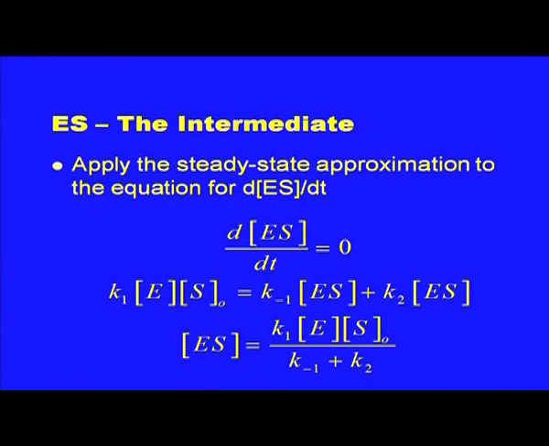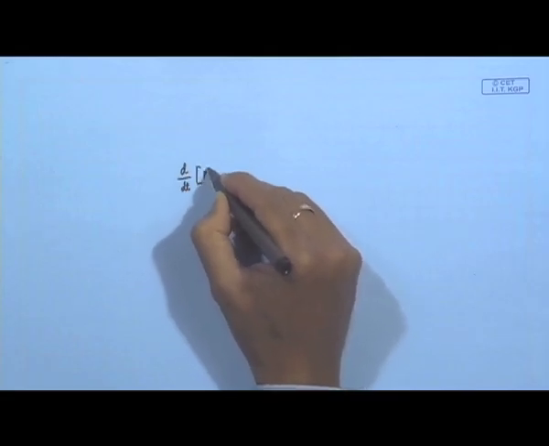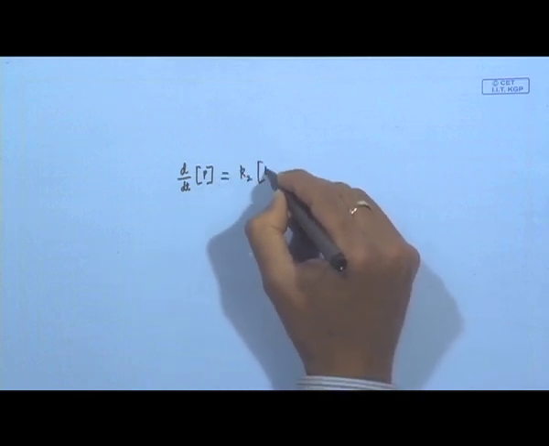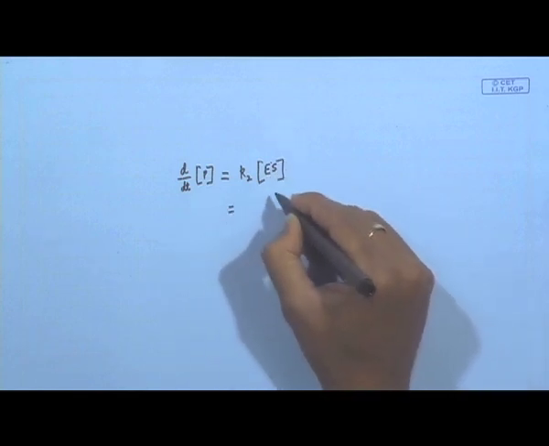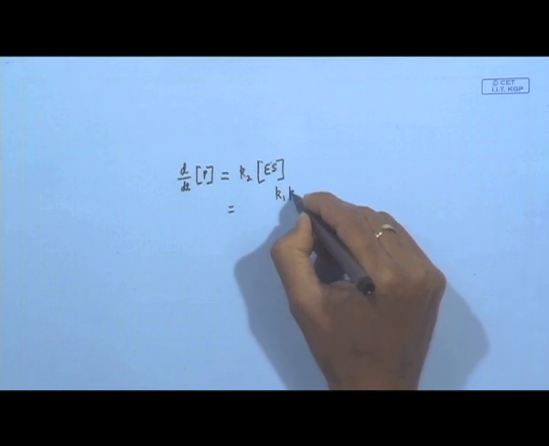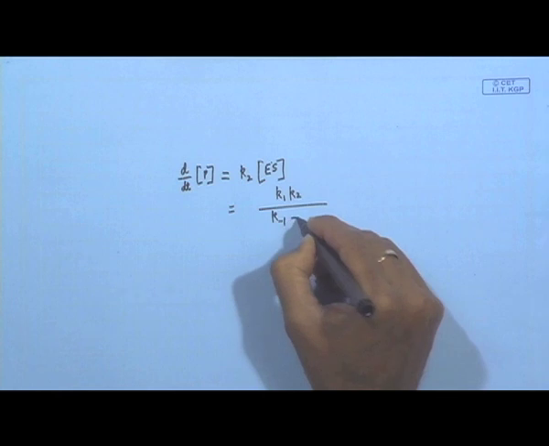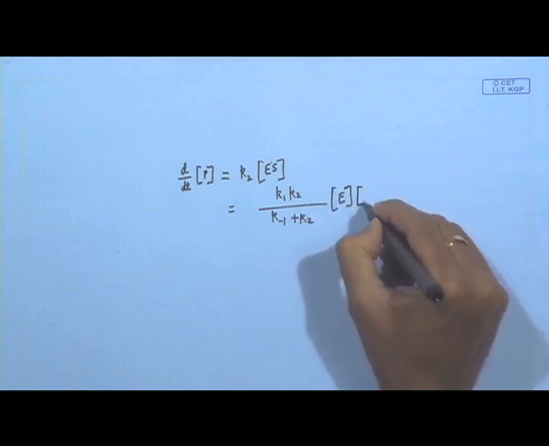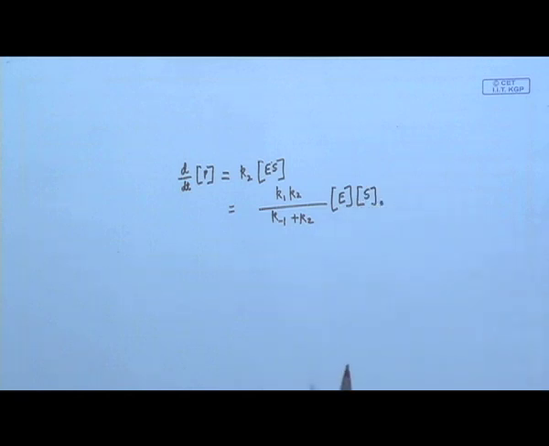Therefore, d/dt of P, that is product formation, is equal to K2 ES, which is equal to K1 K2 by K minus 1 plus K2 into E, the enzyme concentration, into S0, the initial substrate concentration.